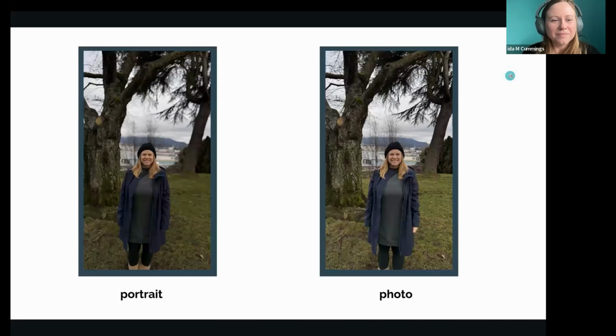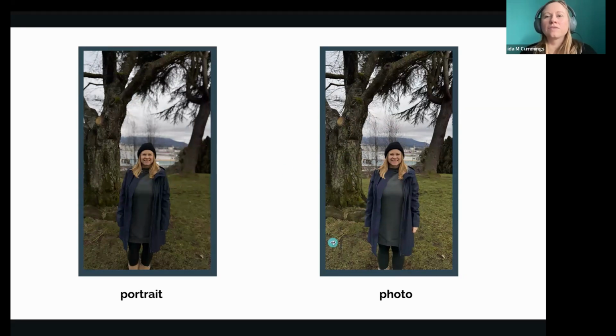Okay, good. So now we're going to talk about camera modes. I took these pictures for you in the exact same spot. So the difference between your portrait mode and your photo mode: with portrait mode, it's going to make your backgrounds a little bit blurrier. We can see the photo is just like your regular photo camera versus the portrait, which is another setting on your camera.